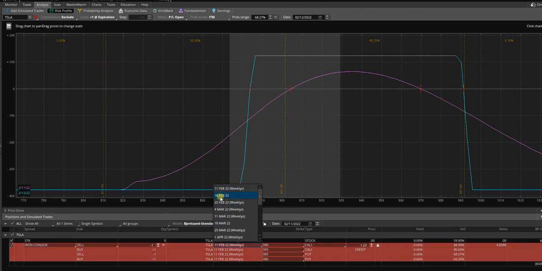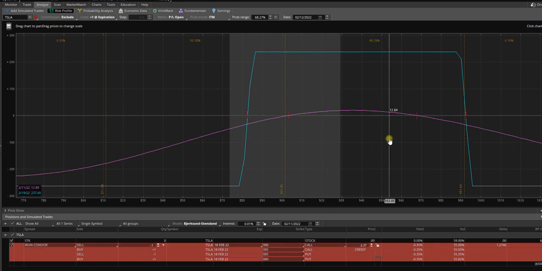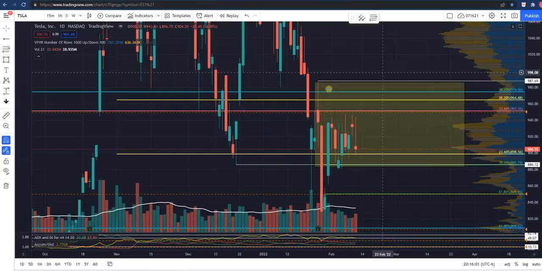So let's go ahead and turn it on for next week, for example, and we'll unlock this to see the current price. And this looks a little bit more structured. It almost looks like a one-to-one. We can see here that the potential max profit is 237 and potential max loss is 263. So not quite a one-to-one. But what this trade is saying is that we believe that through or into next Friday, Tesla's price will remain within that box that we've drawn.